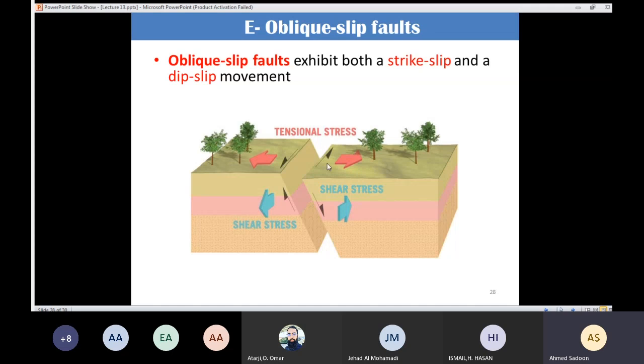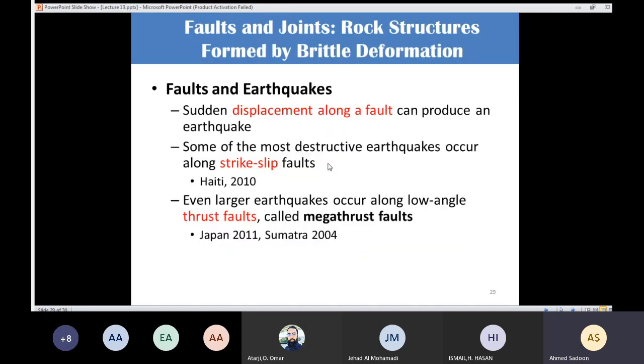So this one is very dangerous. And in the beginning, I said that the faults are associated with earthquakes. The sudden displacement along the fault can produce an earthquake. Some of the most destructive earthquakes occur along strike slip, displacement along the strike direction.